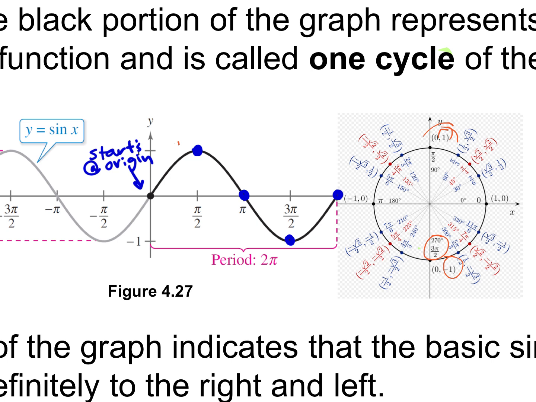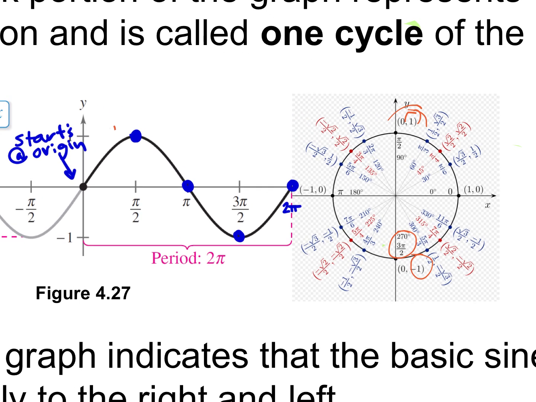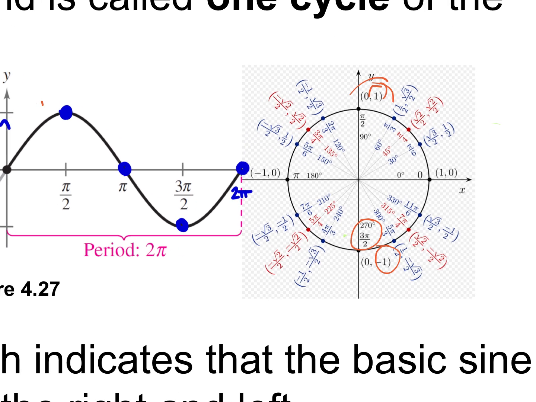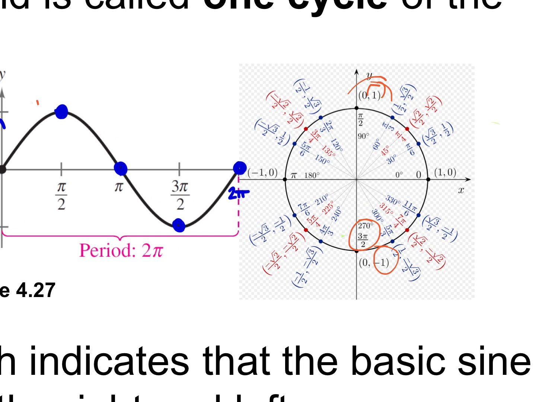From 0 to 2 pi, this here is 2 pi. This is one period of our graph. Now this is kind of a reflection of the unit circle. Sine tells us we look at what on the unit circle? The x or the y? The y. So looking at our unit circle, at 0, our y is 0.